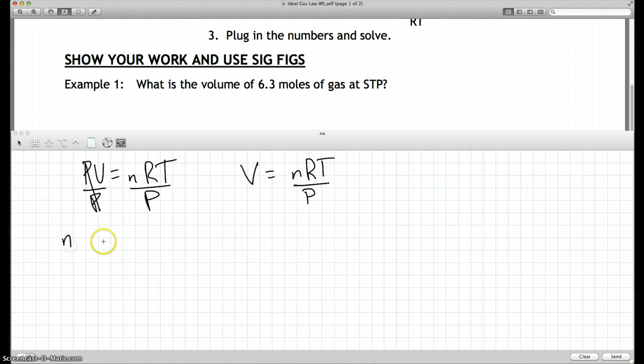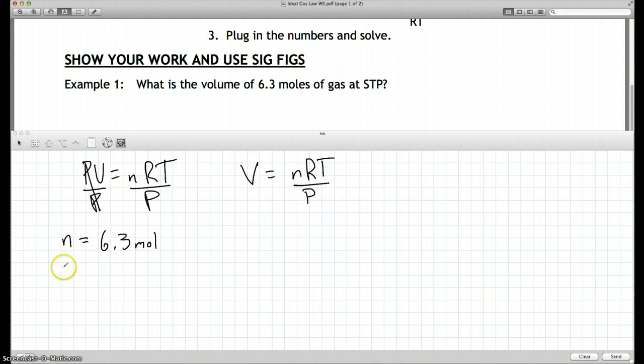Well, N stands for number of moles, and that's given to me right in the question, 6.3 moles. Again, if I was given grams, what I'd have to do is use the periodic table and convert grams into moles so that I have N, which is number of moles.